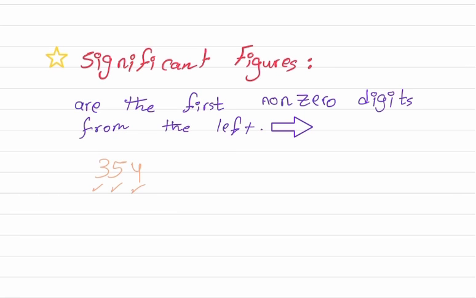And if we have 0.231, we have to neglect the zero at the beginning here. So the first significant figure in this case is 2. Also, you can see the difference here. If we have 0.00953, the first significant digit here is 9.